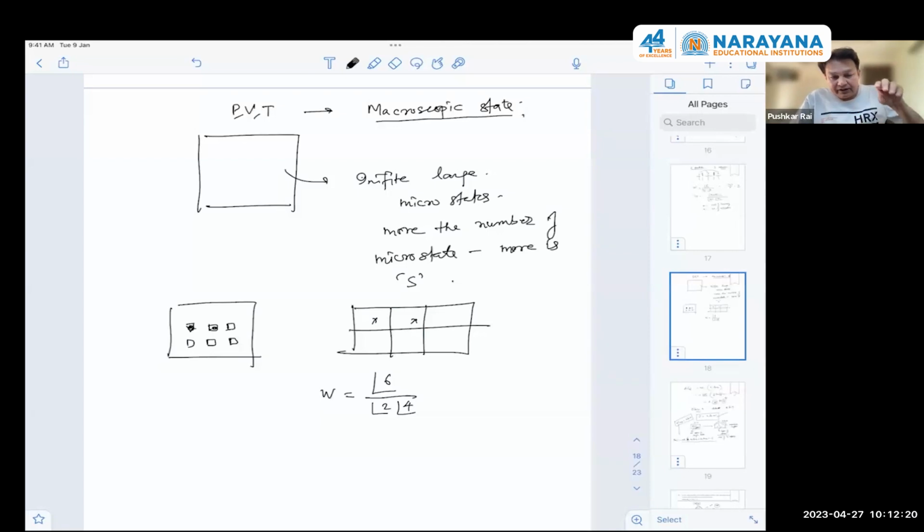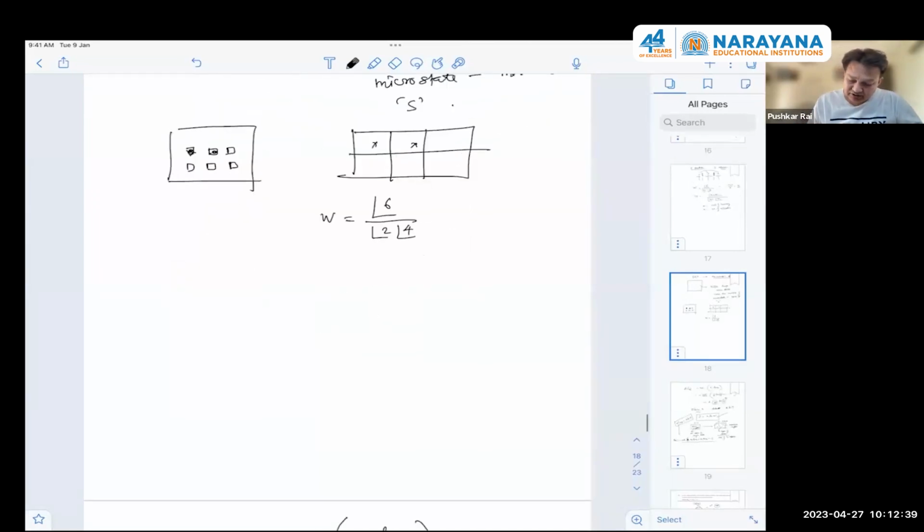So in every given macrostate, there are a large number of microstates, and a system keeps going between those microstates. Some of the microstates are very improbable, and some are very probable. Suppose there are 10 states possible.